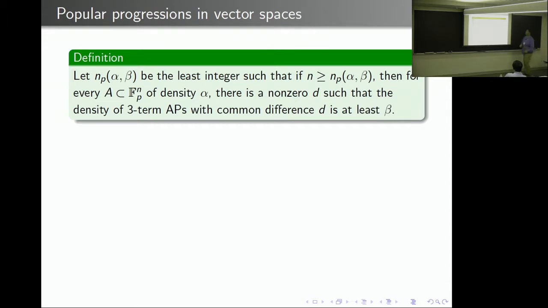When beta is very small, less than alpha to the CP divided by 2, you can convince yourself that this is intimately related to the Capset problem. So actually the bounds here are going to be equivalent to determining the bounds for the Capset problem, well, in F_p^n.